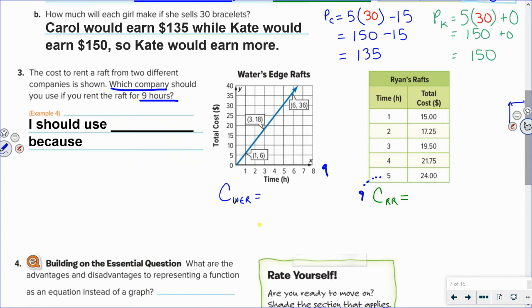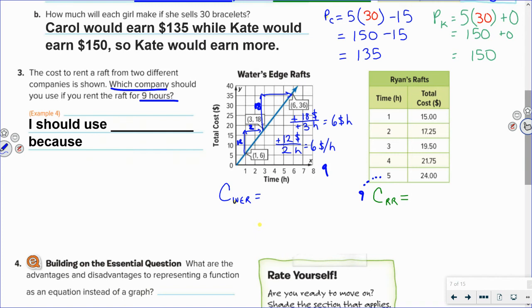Now let's start with Water's Edge rafts. This is where that part of the graph came in. It appears to go up from 1 to 3 and from 6 to 18. So that went up $12 for 2 hours. Then it went up from 18 to 36, it went up $18.